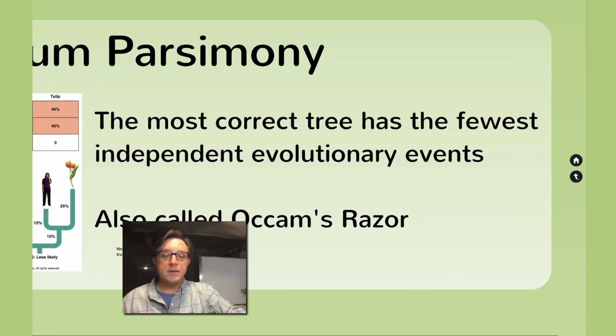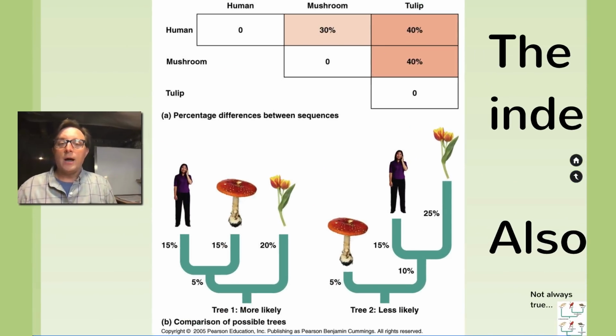So here's an example of that. Looking at 3 representative organisms from the 3 major eukaryotic kingdoms: animal, plant, and fungus. The top there shows percent differences in a gene sequence. So which of the 2 trees there at the bottom is more likely?